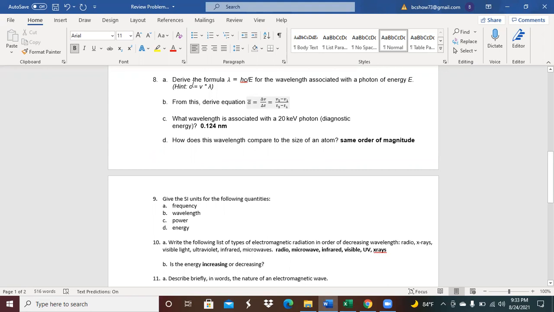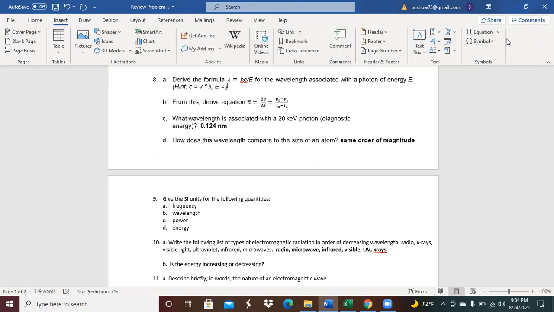Speed of light is equal to the frequency times the wavelength. So there's another formula here that you're going to need in order to be able to derive this particular formula. I will go ahead and give that to you now. Is equal to, and let's see if I can insert the symbol here.